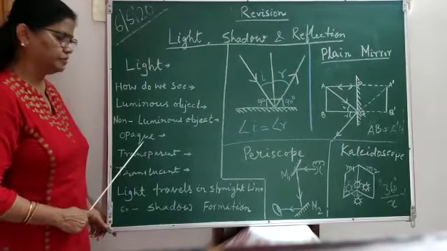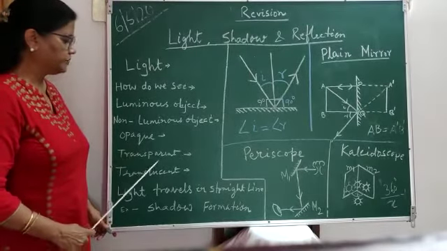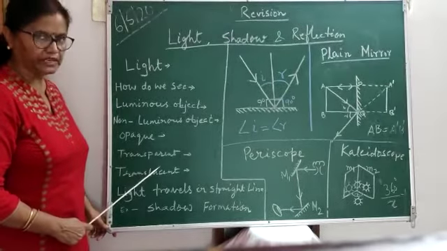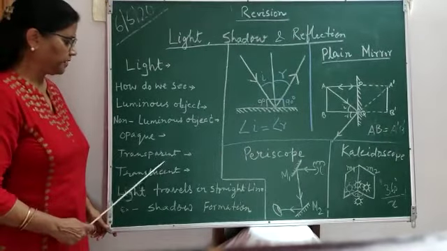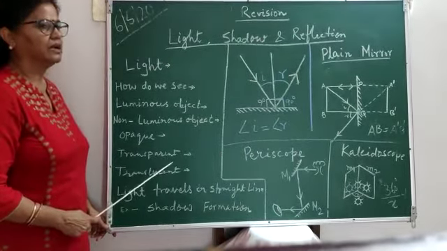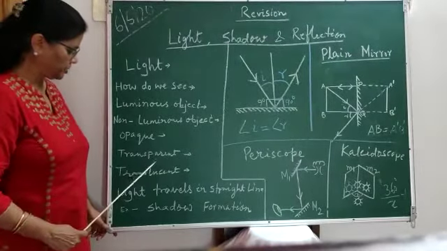Transparent objects allow light to pass through them, such as glass, clean water, etc.